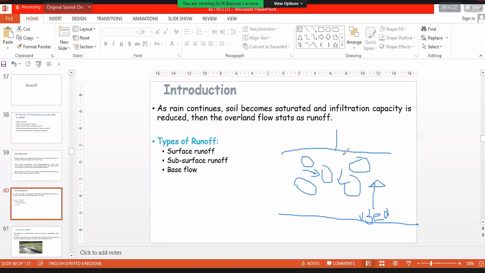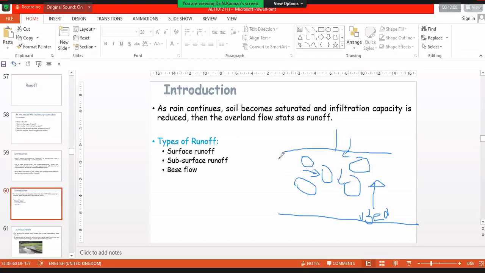Then you have already studied that when you have enough precipitation, water will move. Before the movement of the water into this space, of course this space had been occupied by air. As the water moves in, this air will be replaced and all these pores will be filled with water.